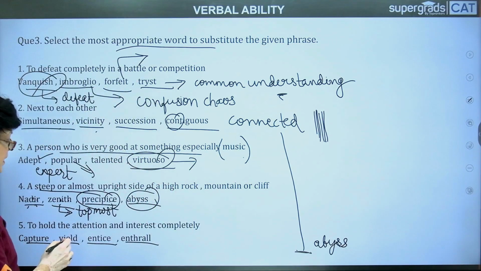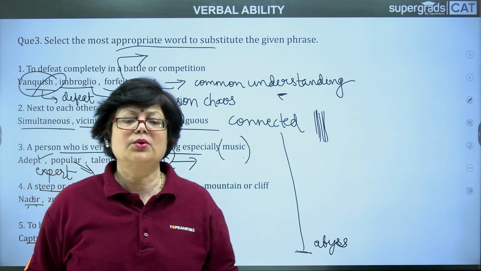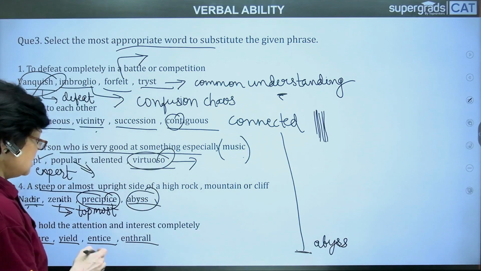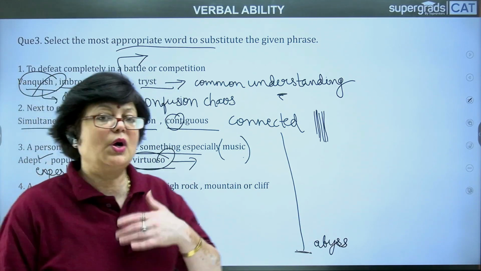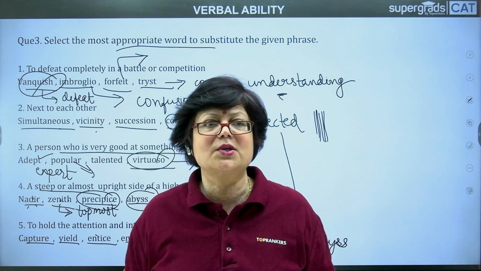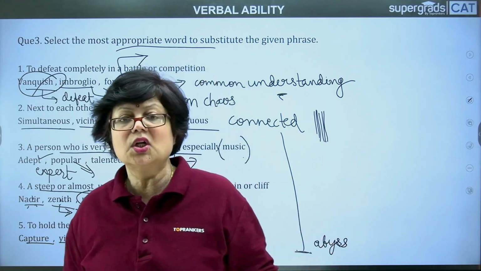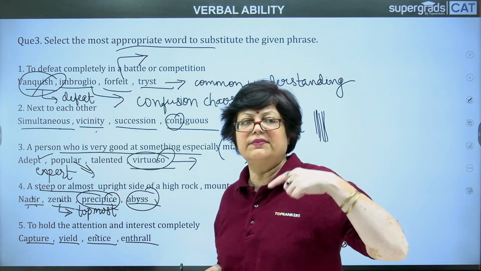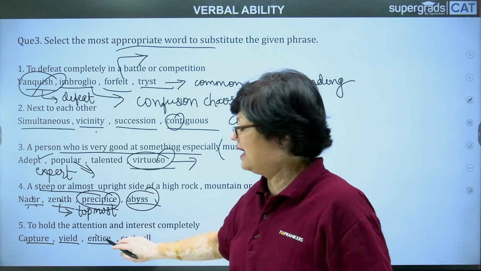Yield is to give in, to accede to somebody's demand. Entice is to attract, and rather generally, I should say, in a negative manner. For any thing which has a negative connotation, if a person feels attracted, that is to be enticed.